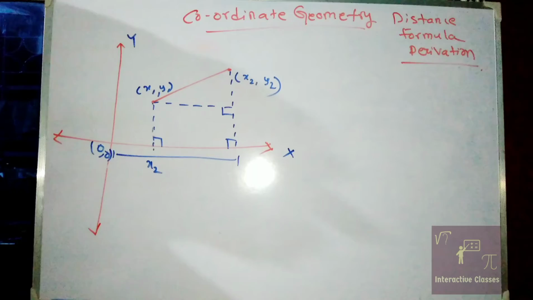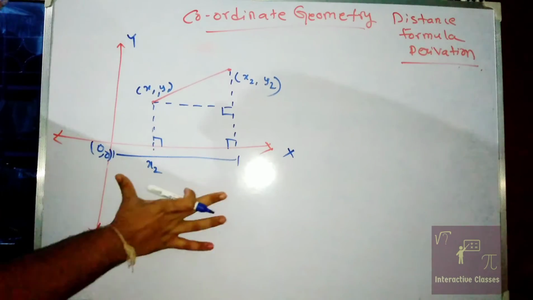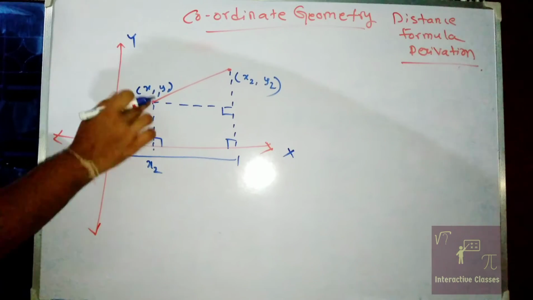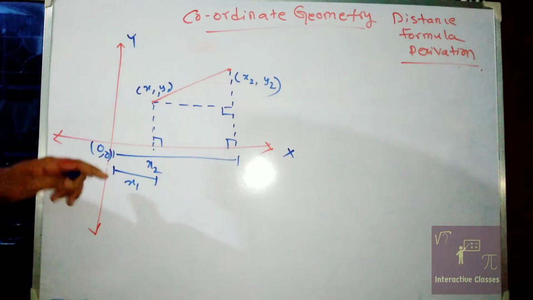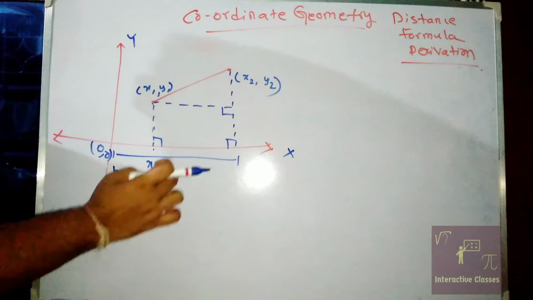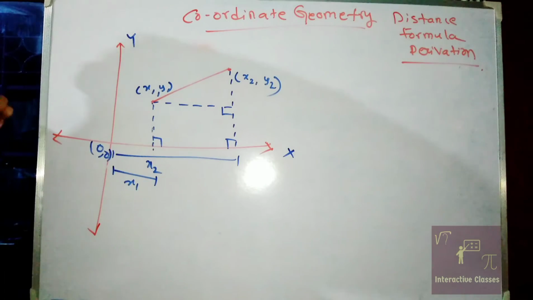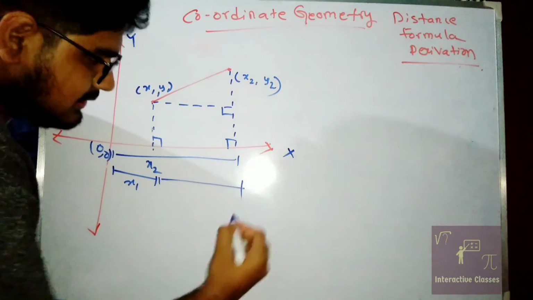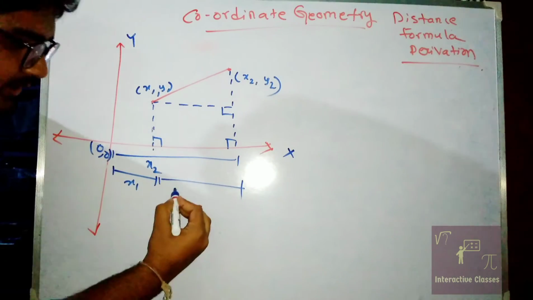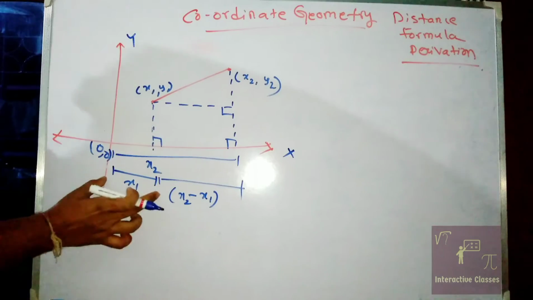I already told in the previous part, easy concept, this is x2, and similarly here it is x1. So this much is x1, and the total is x2. Then this part will be x2 minus x1, because the total is x2 and this one is x1.